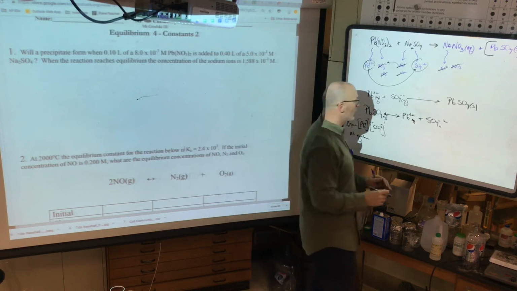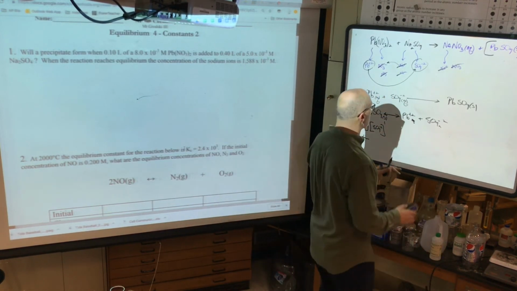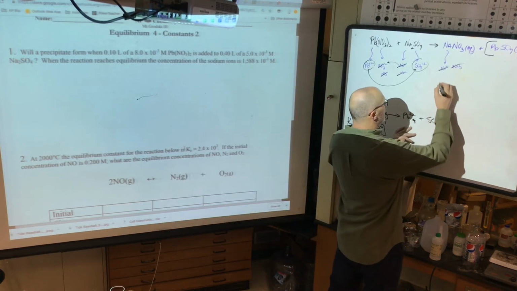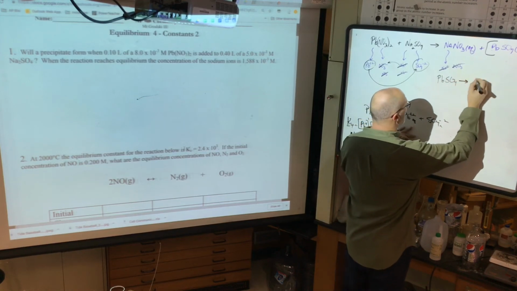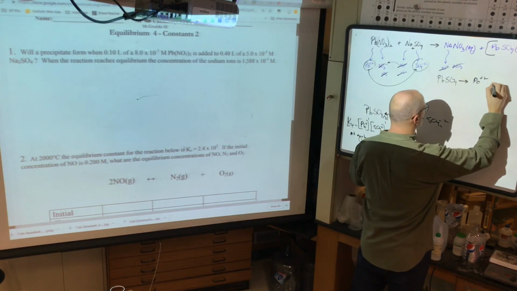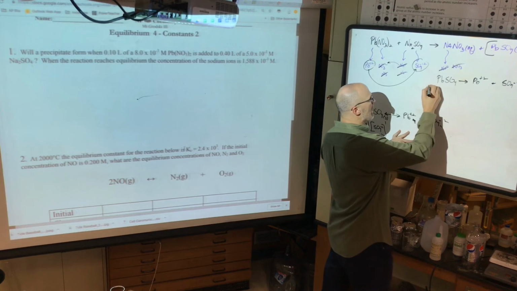Yes. So here's what we're going to do. We're going to write an equilibrium table like you did last night. Okay, I'm going to rewrite this so I give myself some room. PbSO4, guess what? It's a solid. I really don't care about that. But what do I have? Pb plus 2 plus SO4 minus 2. Now, I'm going to write an ice table.